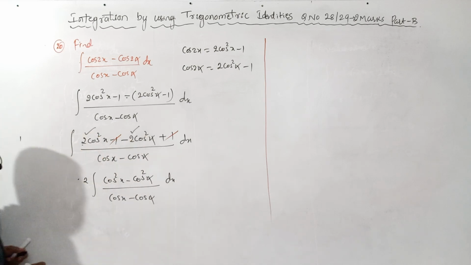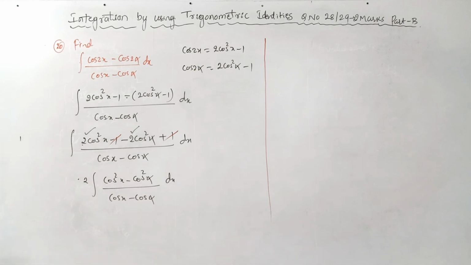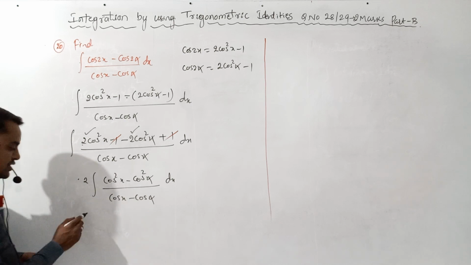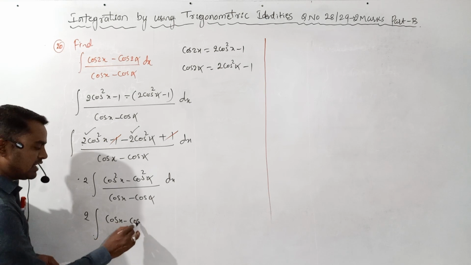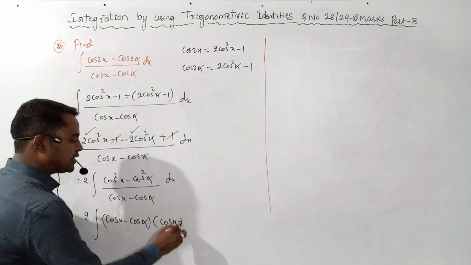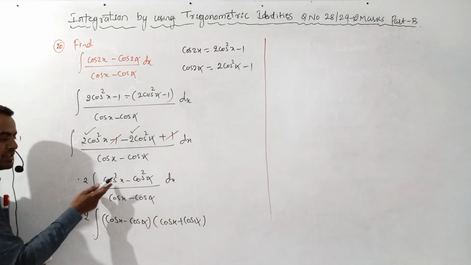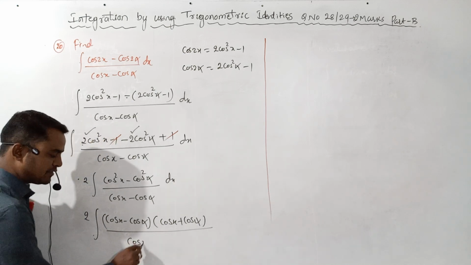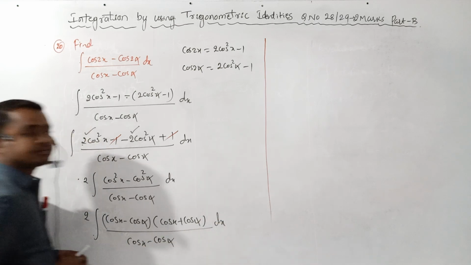Next, we know that a square minus b square is what? A plus b into a minus b. Now this is a square minus b square, so cos square x minus cos square alpha is (cos x plus cos alpha) into (cos x minus cos alpha), divided by cos x minus cos alpha dx.